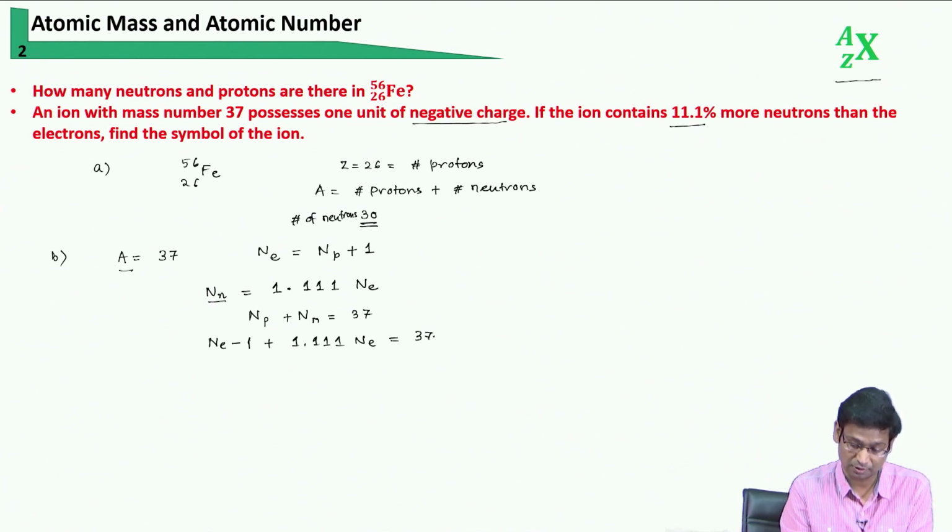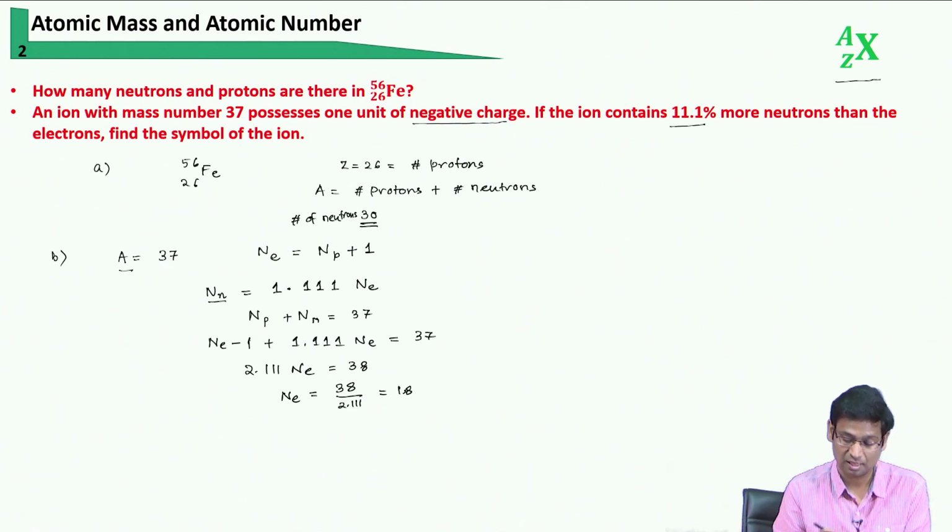So, this is equal to 37. This minus 1 goes to the other side, and therefore the number of electrons becomes 38 divided by 2.111, which is 18. So, that means it has 18 electrons.